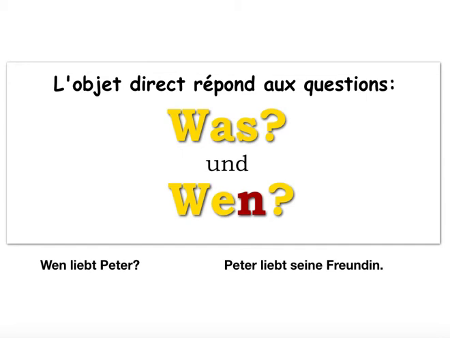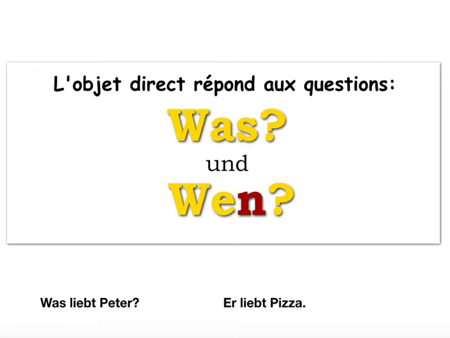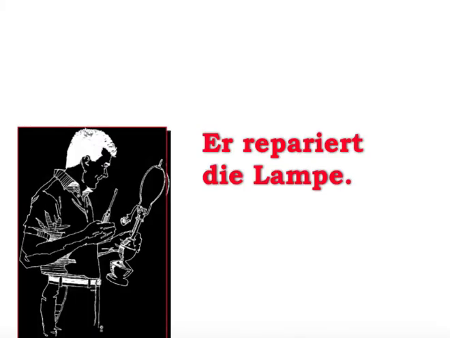And his girlfriend, in this case, is of course the direct object, and therefore in the accusative case. Was liebt Peter? What does Peter love? Er liebt Pizza. He loves pizza. So he, again the subject, loves what? The direct object, pizza.